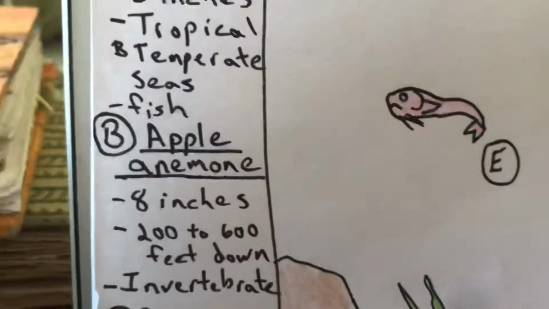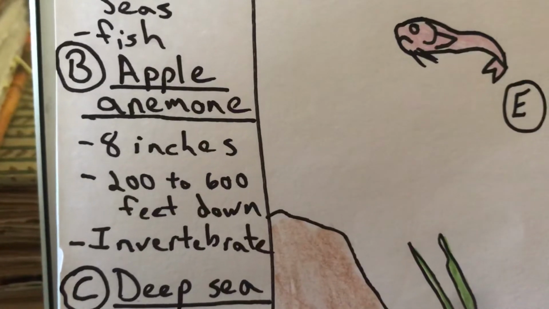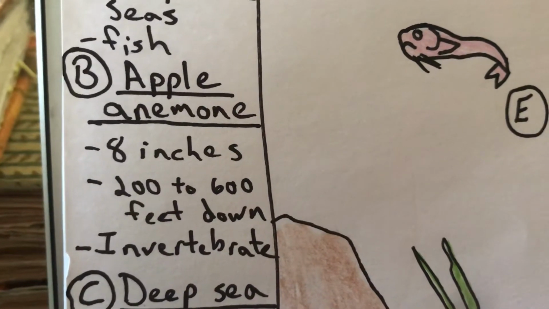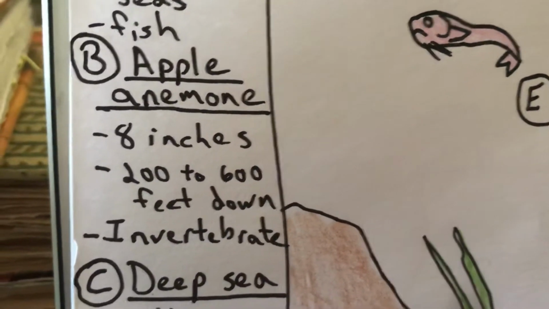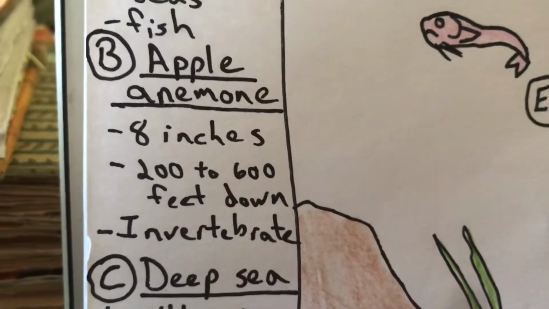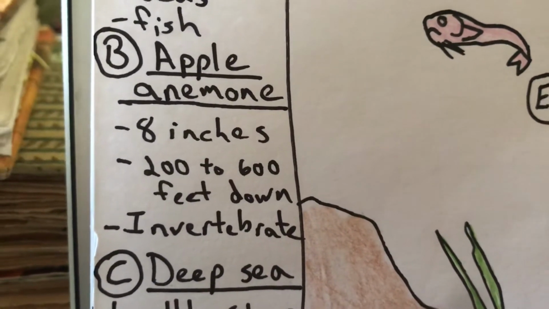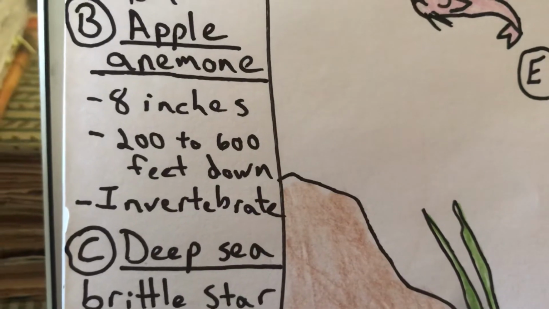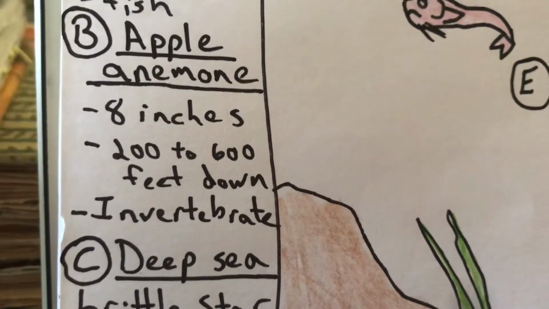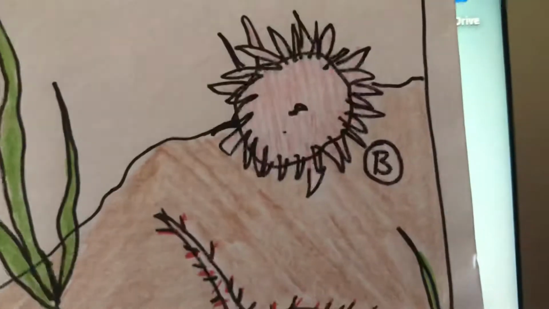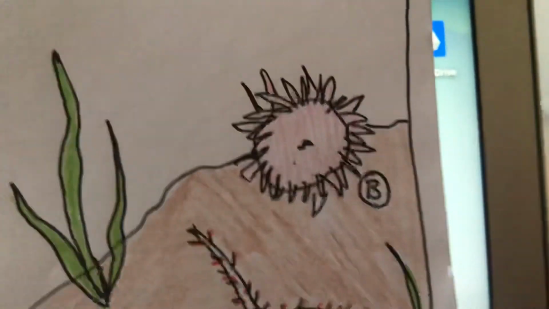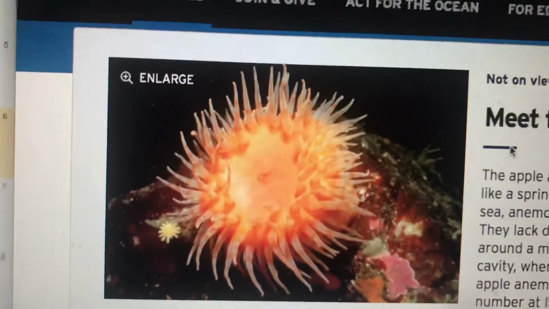You can see the apple anemone is the second one I chose. I labeled it B. I underlined the name. You can see it gets 8 inches long. It is 200 to 600 feet down, and it is invertebrate. You can see that I have labeled it over here and drew it to the best of my abilities. You can see it kind of looks like that.